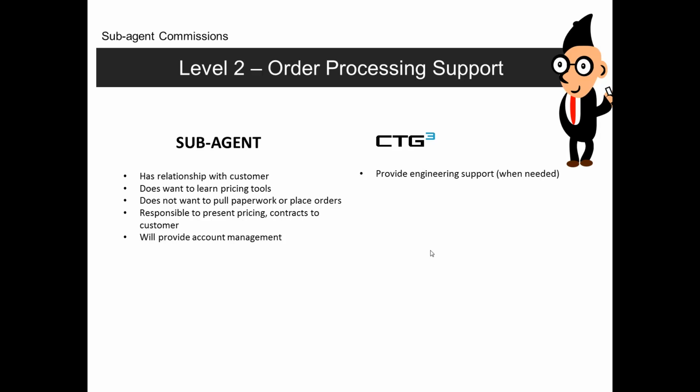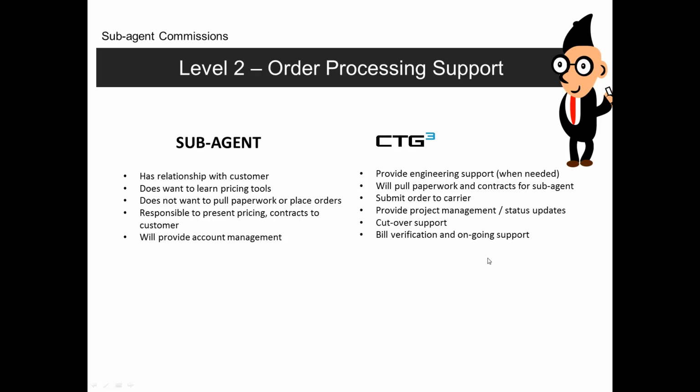Our company, CTG3, will basically do everything as on the previous one, except that we expect our subagent to learn pricing. And we will provide training on how to learn pricing. So everything but pricing is the level 2 support model.